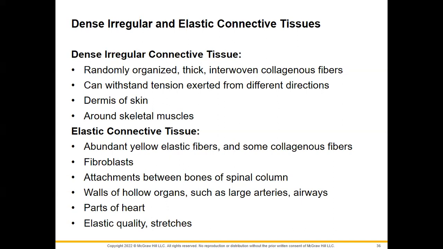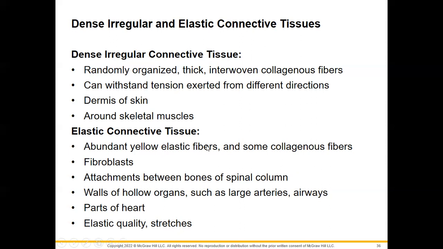It won't be able to withstand as much tension as your dense regular because of that irregular shape. So you won't be able to use this to hold your bones together, to hold your muscles on your bones. But it is still strong. An example of its location is around the skeletal muscle. So the dermis of the skin and around the skeletal muscles.